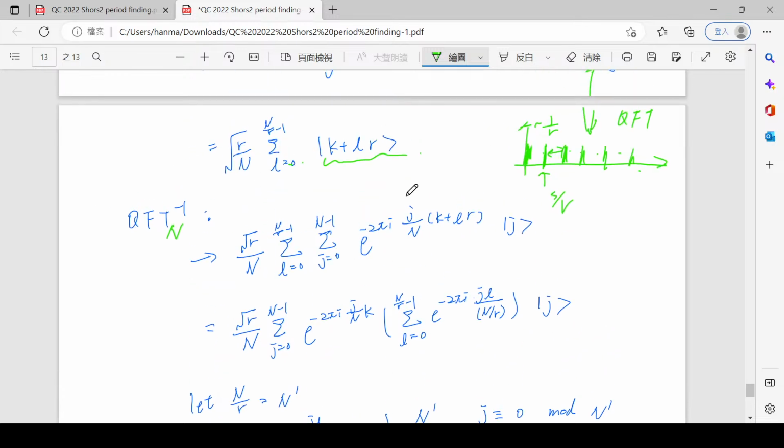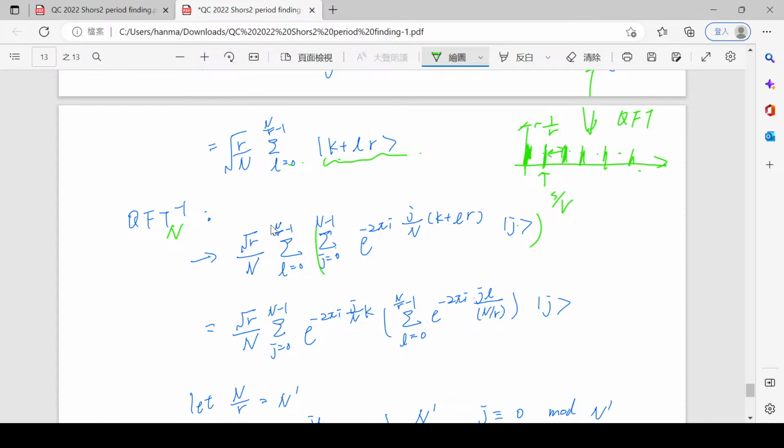So applying QFT minus 1 on this, it should turn into this part. We sum over another dummy variable, which we call j, with j from 0 to n minus 1 as always. And it is e to the minus 2 pi i, since we are doing QFT minus 1, then j over n times whatever is here, so k plus l r. All the other things we just copy here.